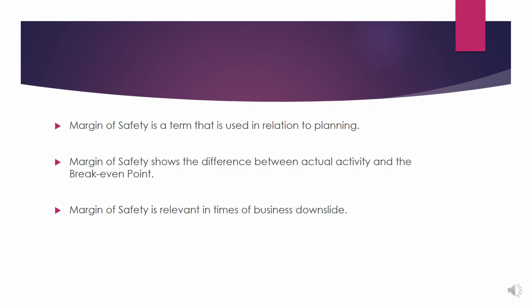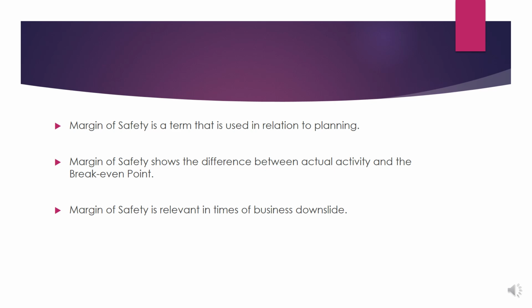The other term that is very much important in planning is margin of safety. And this is the difference between actual activity at any given point in time and the break-even point. So the difference between actual activity and break-even point is referred to as margin of safety.